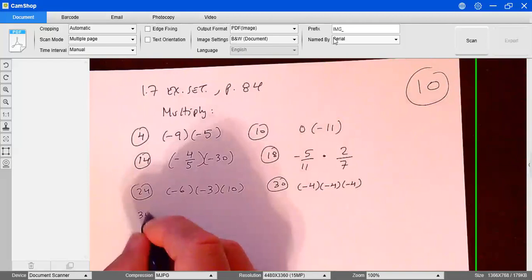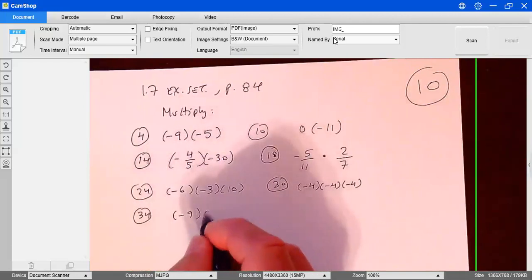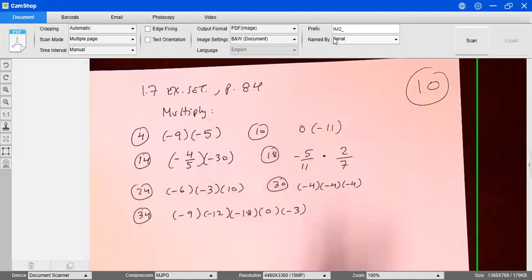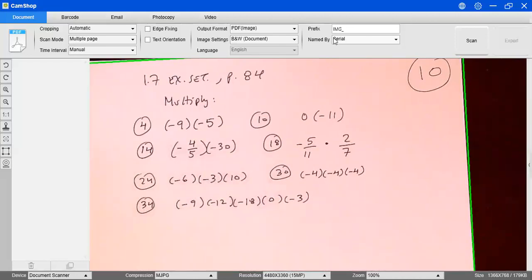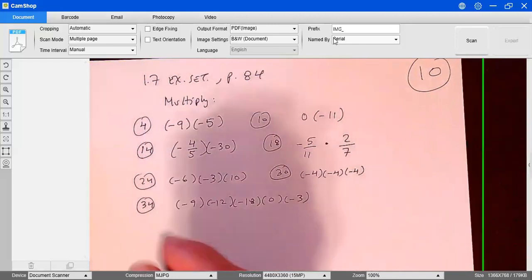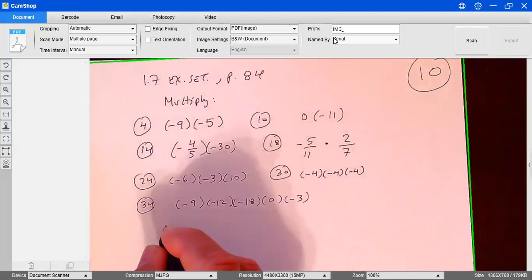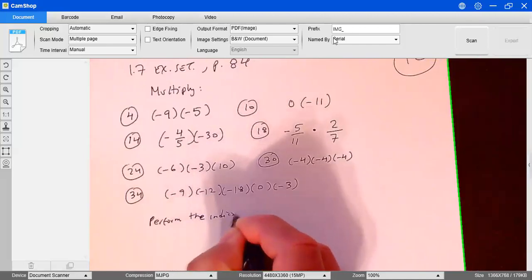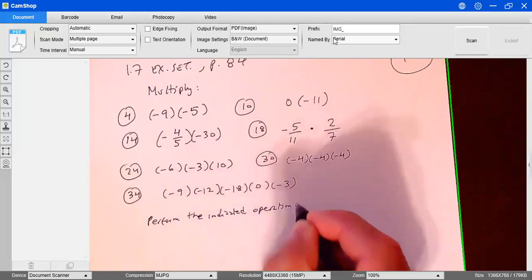And problem 34, -9, -12, -18, 0, -3. And for division, you're going to perform the indicated operation.